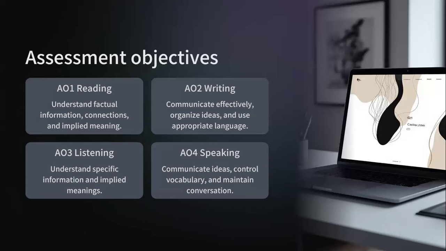Each of these assessment objectives contains a few further descriptions that we would be discussing later in our sessions. So these four are the major assessment objectives which are based on each area of your language: reading, writing, listening, and speaking separately.